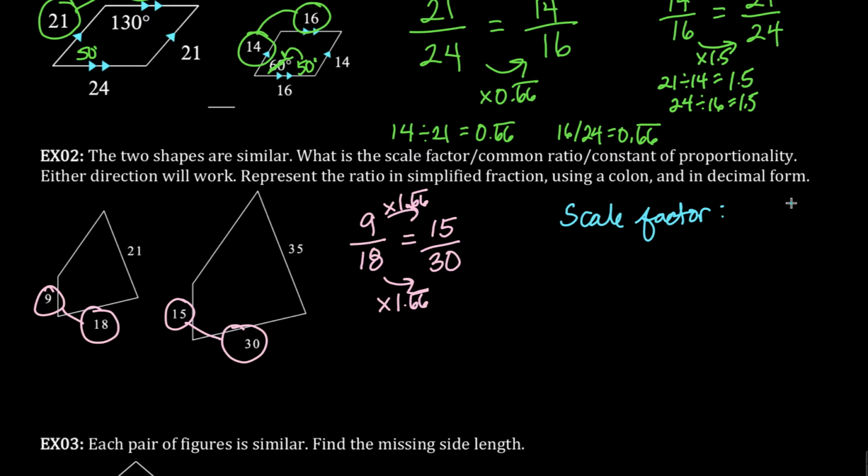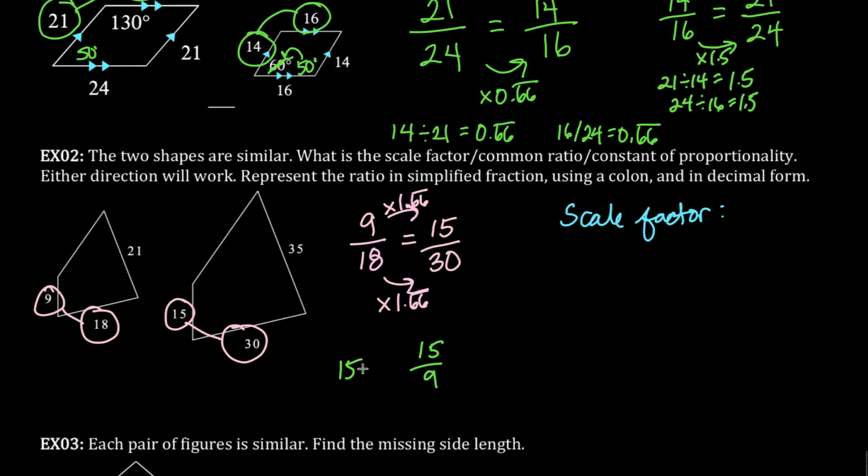We're going to write it in different forms. So the first form we're going to write it in is simplified fraction. So 15, we did 15 over 9. So we did 15 divided by 9. Well, I'm going to do this. 15 divided by 9. That's what we would do, right?